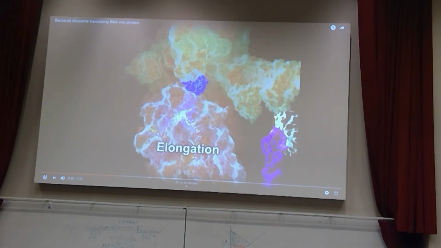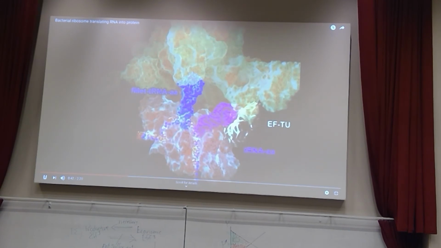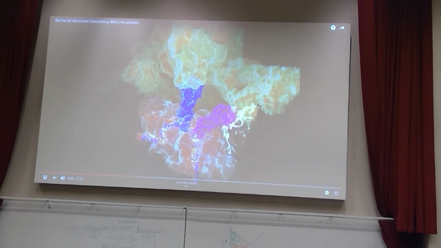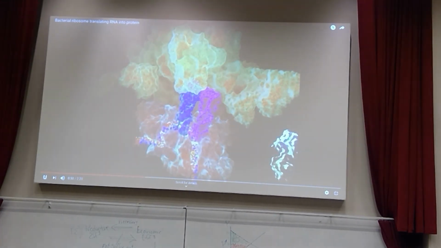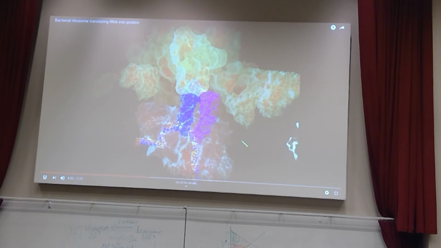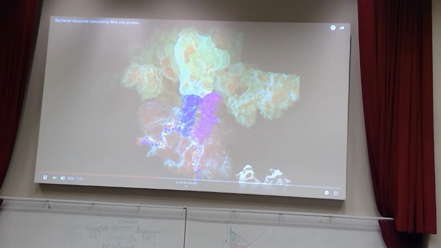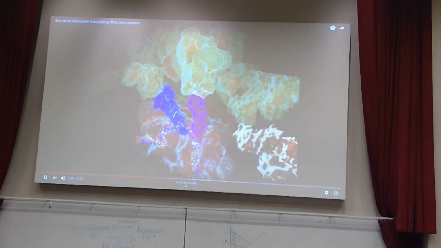Now we're moving on to elongation. We need to bring in a new tRNA in complex with elongation factor TU. There's our GTP hydrolysis. Okay, it must have figured out it was proper codon-anticodon. It likes it and lets that tRNA walk its amino acid over to the peptidyl site. Now that bond has been made.